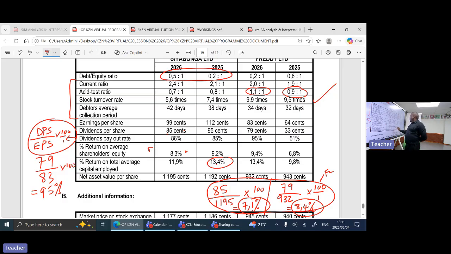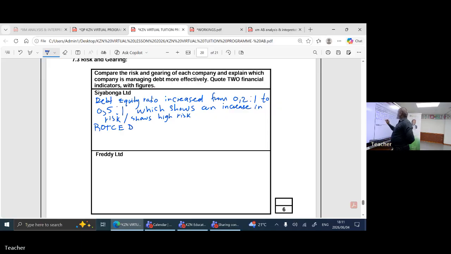It decreased from 13.4% to 11.9%. By how many percentage points? 13.4 minus 11.9, decreased by 1.5 percentage points.